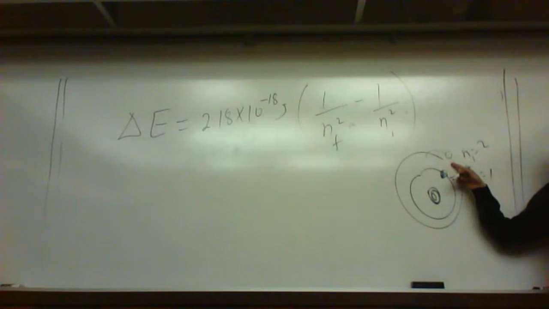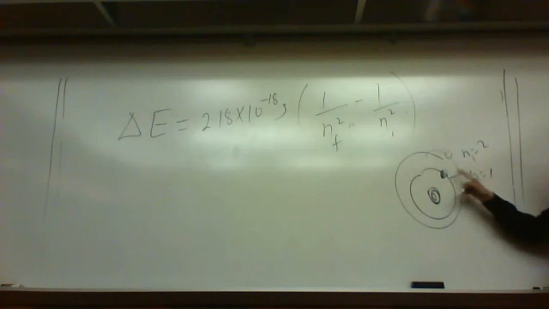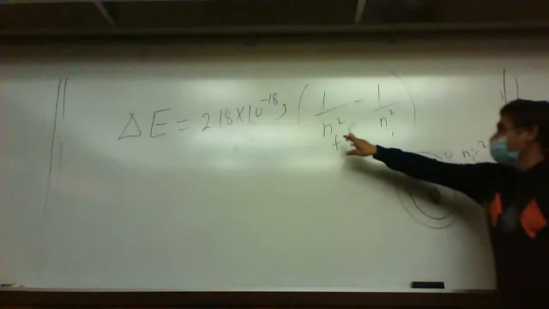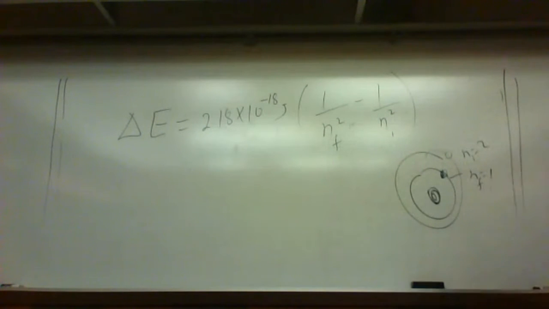This one they call initial. At the beginning, the electron was in the second orbit, and they call that initial. Then the electron jumped to the first orbit, so they call this n_f. But it doesn't matter. You put either 2 here or 1 here, you get the same number. So don't get confused.